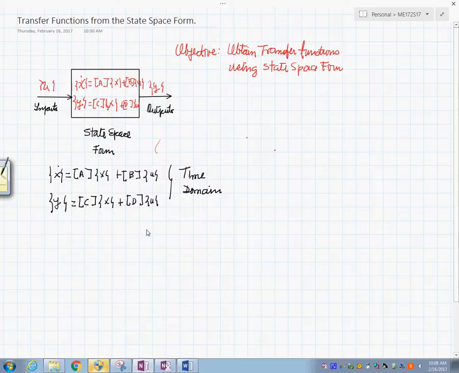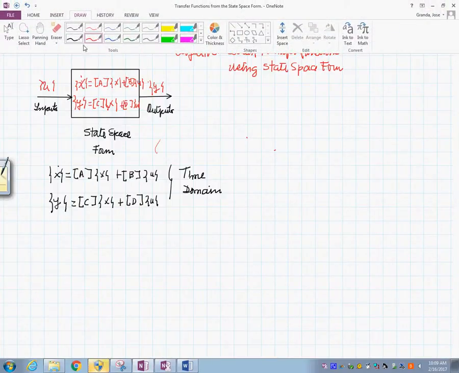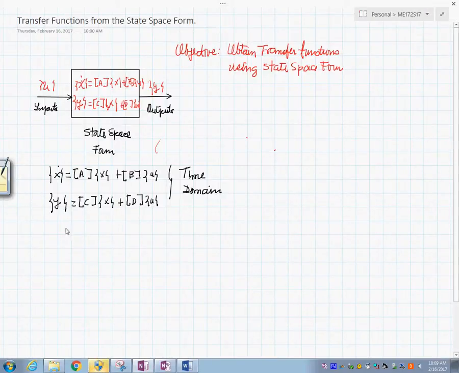That's why these wiggly brackets indicate not just one quantity, but the whole vector there. So why don't we do this? We'll say, okay, apply the Laplace transform.